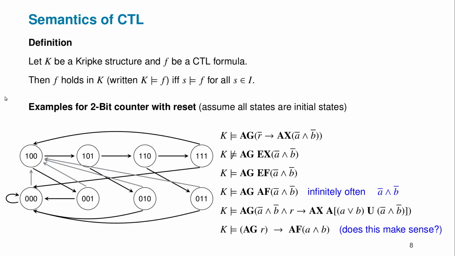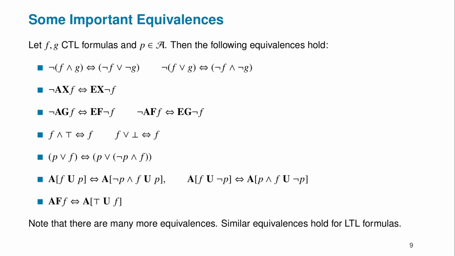Yeah, so this is about the example with the 2-bit counter. Here we have several important equivalences which we will later on use to bring formulas into a certain structure. If we have a formula occurring as a subformula in another formula, and we have a formula that is equivalent to the subformula, we may replace this subformula without changing the truth value of the original formula.